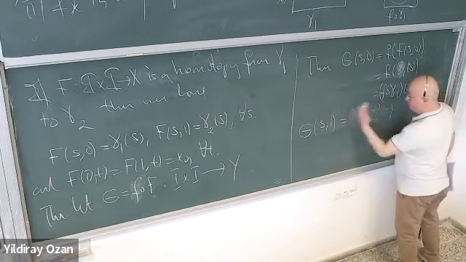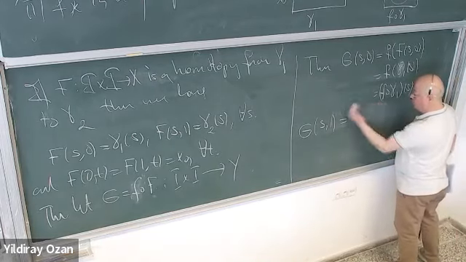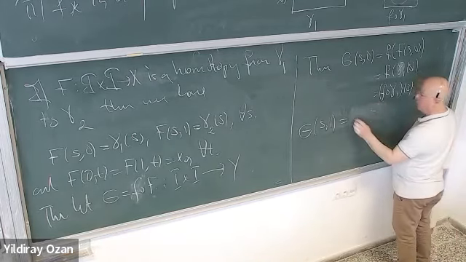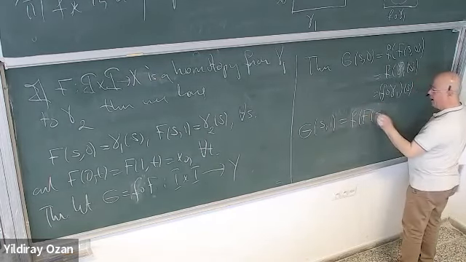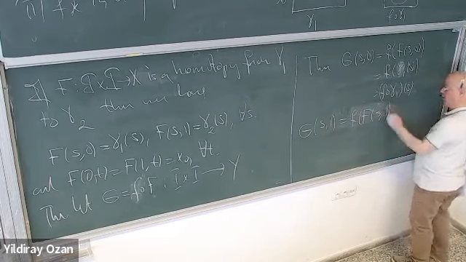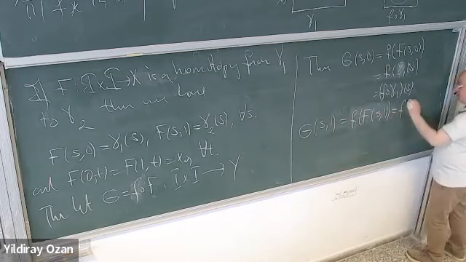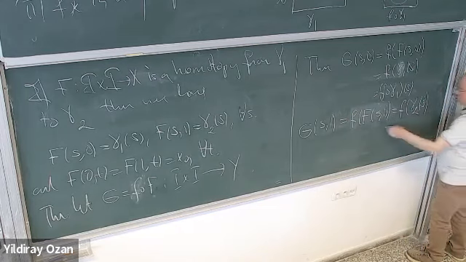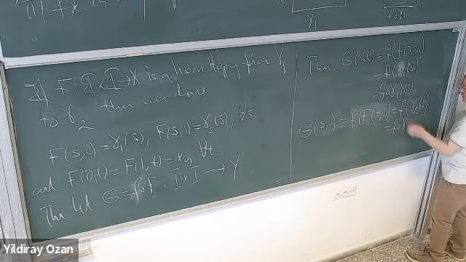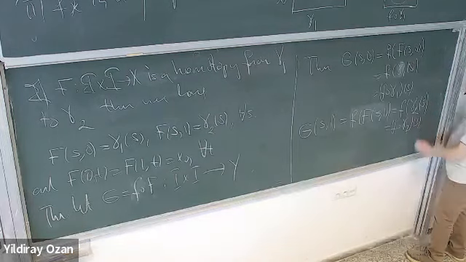Neyse, isterseniz yazayım şöyle açık açık da. Pardon. So this is f of big F of s,1, but this is gamma 2 of s. So this is just f composition gamma 2 of s.